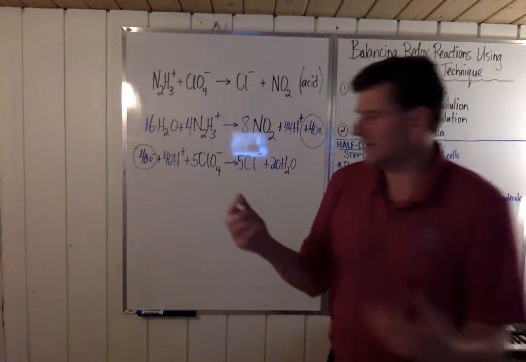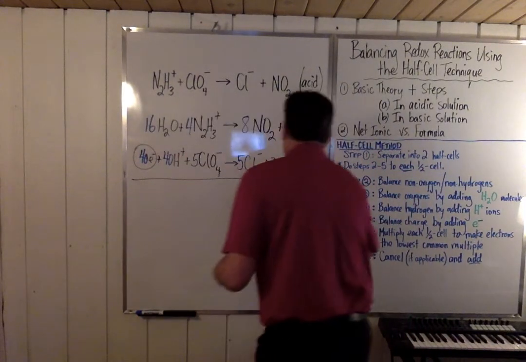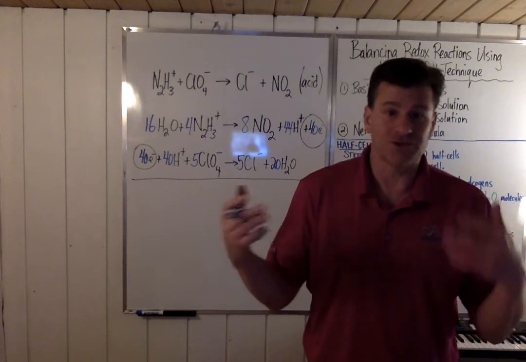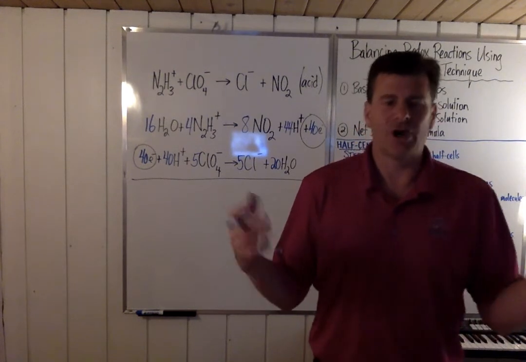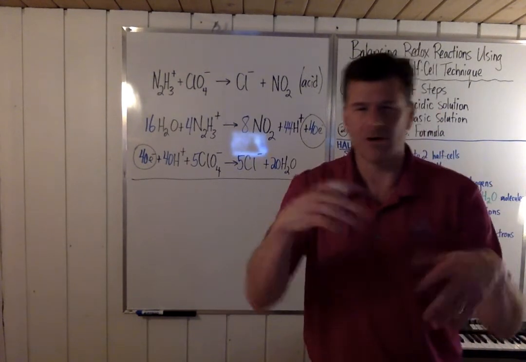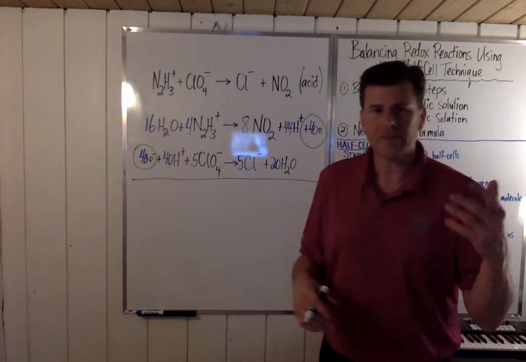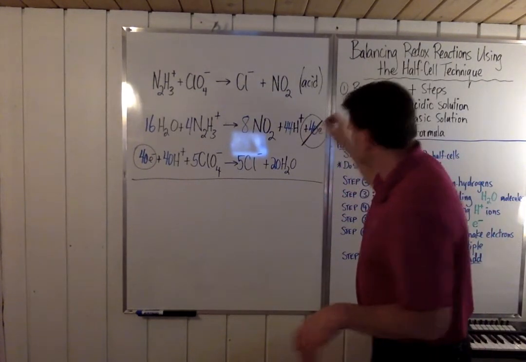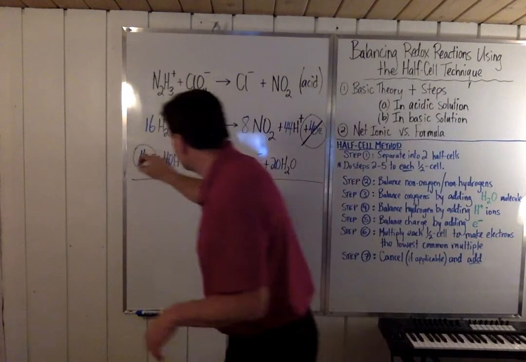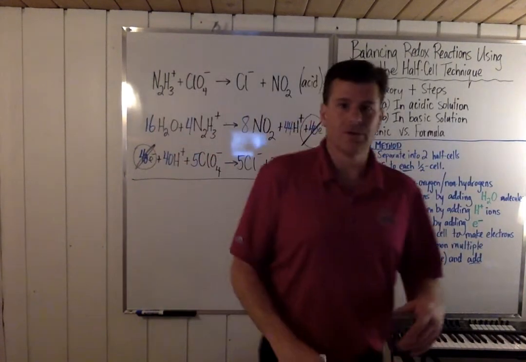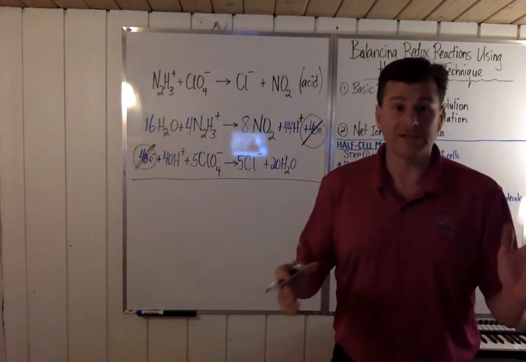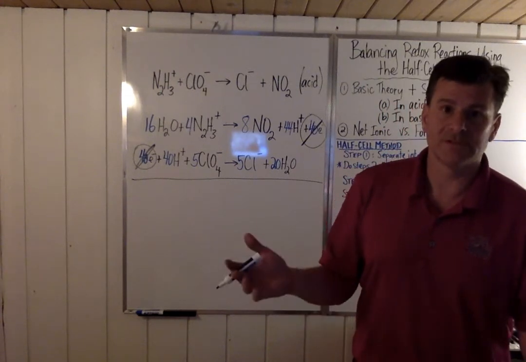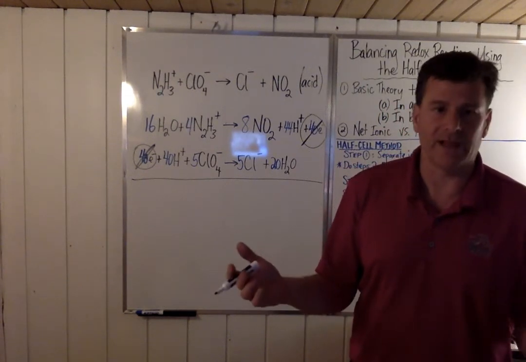If you think of the two half cell reactions as being two steps of a mechanism, it's not really two steps of a mechanism, they're all kind of happening at the same time. But if you think of it that way, this 40 electrons produced up there cancel those 40 electrons used down there. That means that there will be no electrons in the overall reaction. And that's how you know you've got a balanced chemical equation.